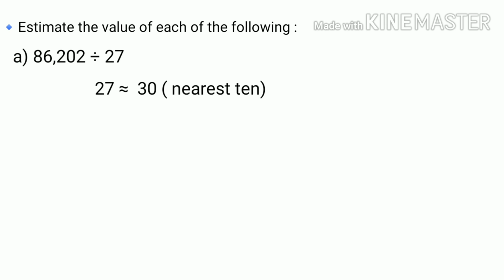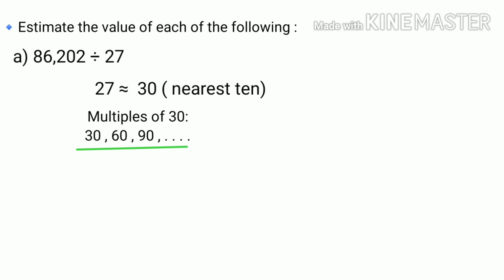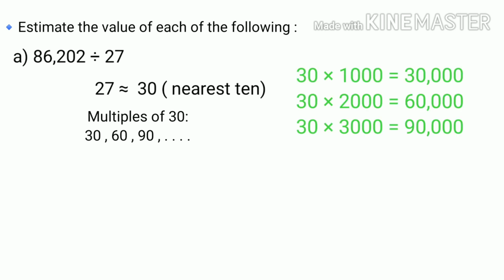We can do this by listing the multiples of 30, starting with 30, 60, 90 and so on. But it will take a long time to reach near 86,202. So we can start with the multiples of 30, which may be closer to 86,202.